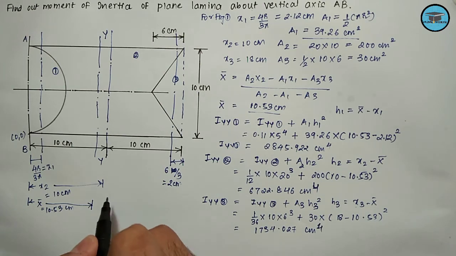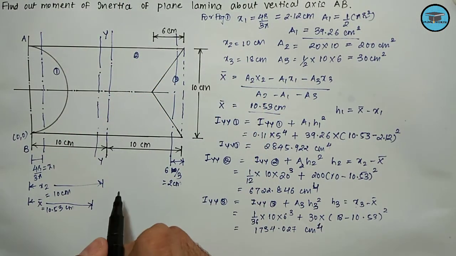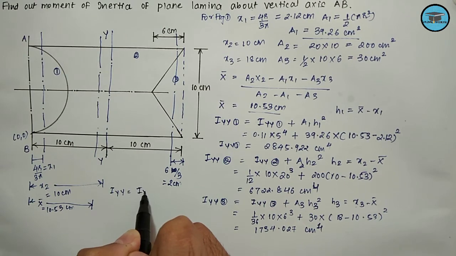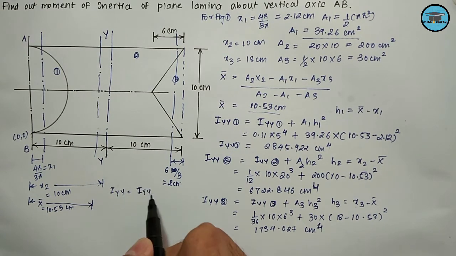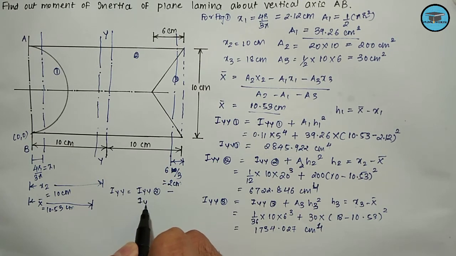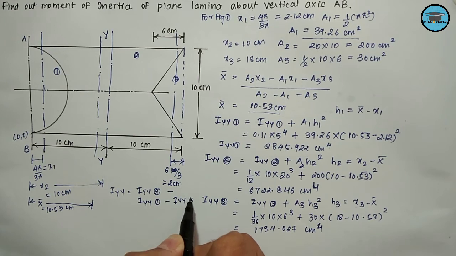So now we need to determine the total moment of inertia of this plane lamina about this axis YY, which can be obtained as Iyy, that is equal to Iyy2 minus Iyy1 minus Iyy3, okay.